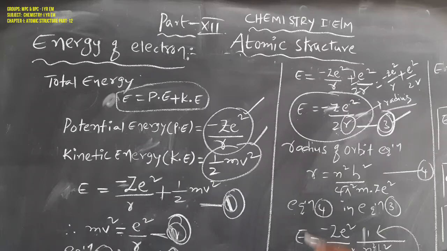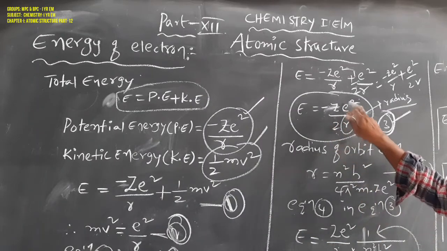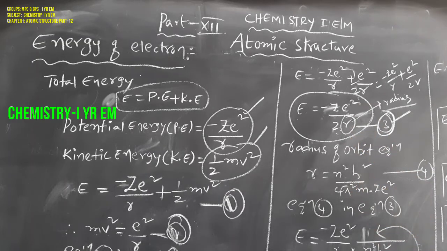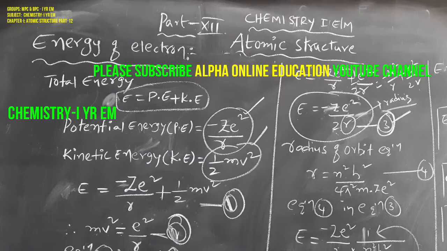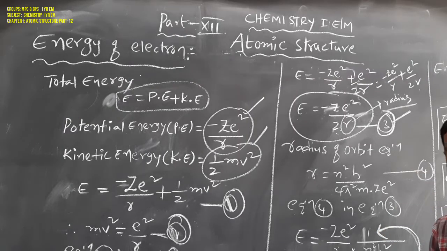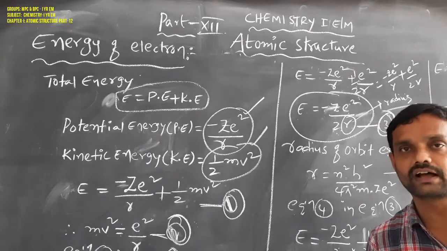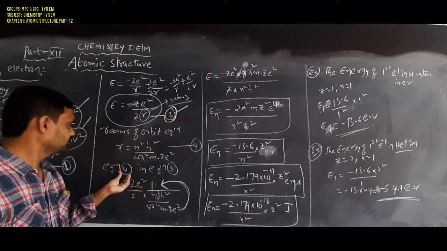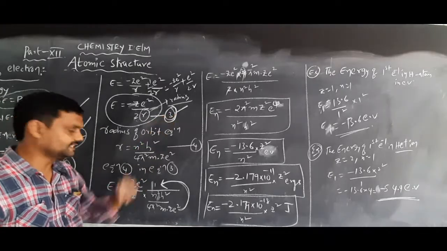Then we get E is equal to minus Ze²/2 into r, that is 1 by n²h²/(4π²mZe²). On simplification, this denominator value goes to the numerator.